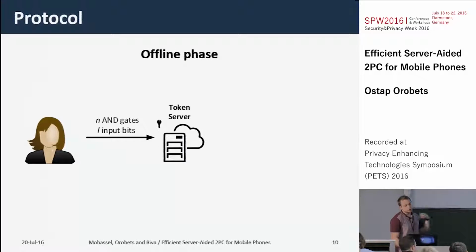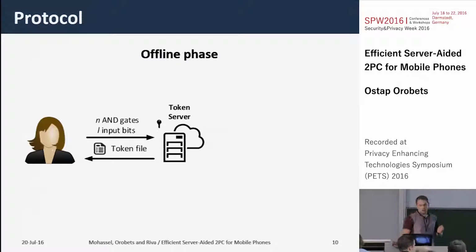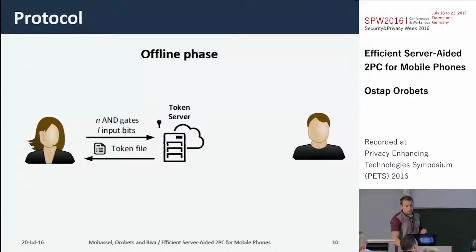The server generates some keys and the token file, as we call it, which has those triples, and sends it back to Alice. I want to emphasize that Alice at this point does not know with whom she is going to do the computation later.